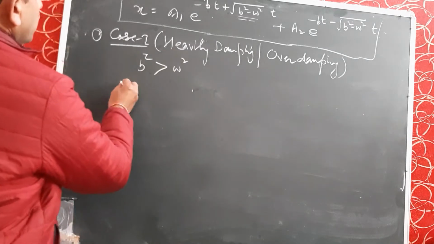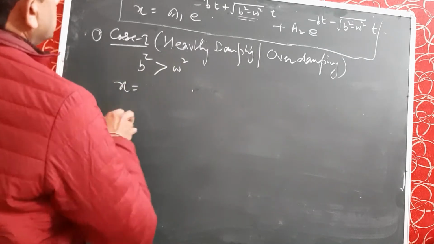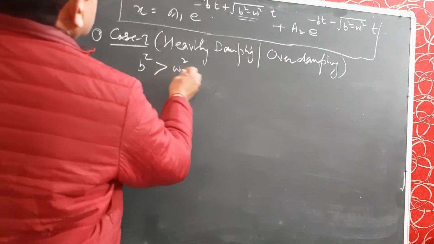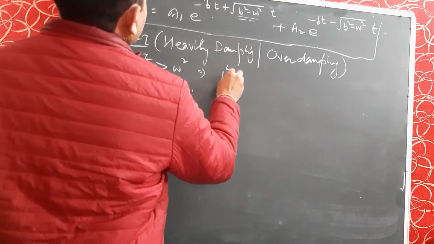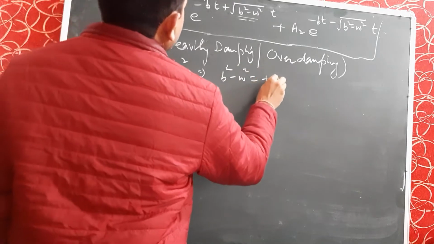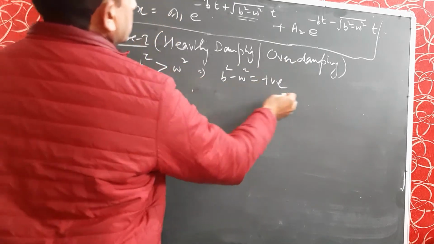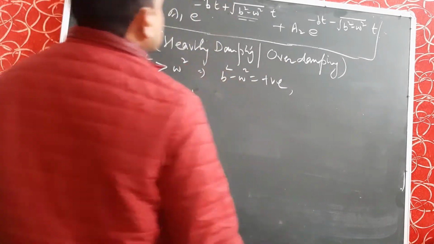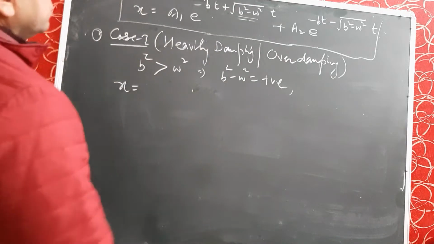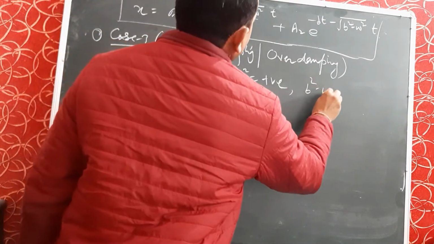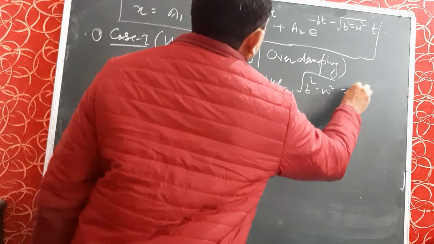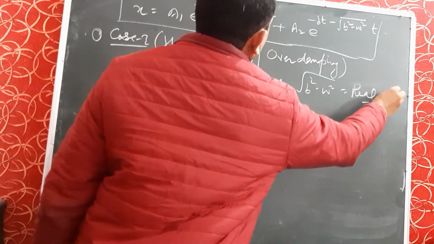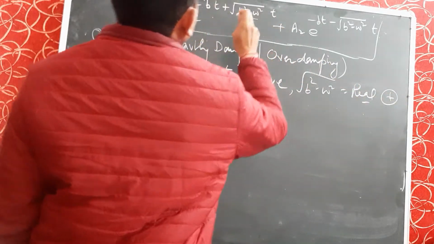So on putting b square greater than omega square, this implies b square minus omega square is positive and the square root of b square minus omega square is real and positive.